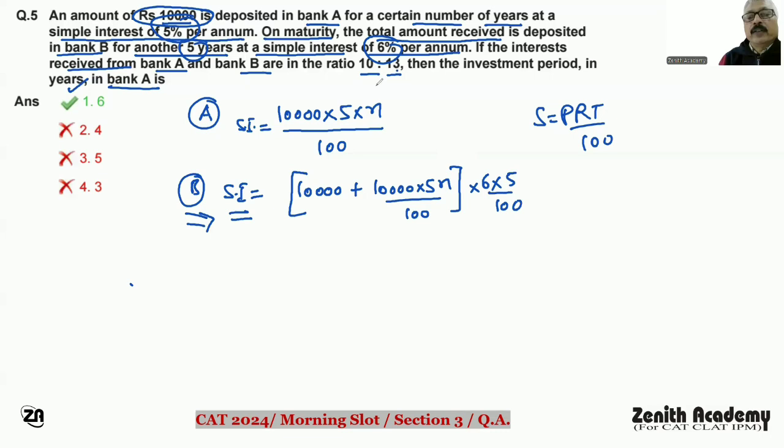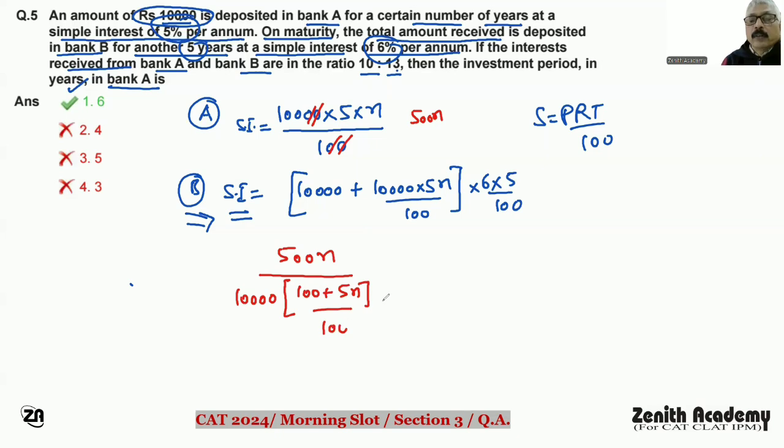Now the ratio of these has been given as 10:13, so just find this ratio. Simplify it a little quickly. This cancels, and okay, so this is 510. Here 500n over 10,000, take common. So 1 plus 5n upon 100 means 100 plus 5n over this 100, into 30 by 100.